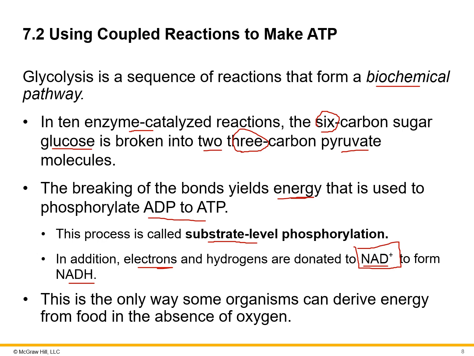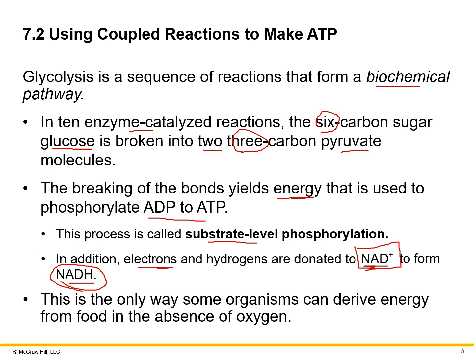But as glucose is oxidized and electrons come off of glucose, our NAD picks them up, and it forms the reduced form, the high energy form called NADH. Again, NAD is just a carrier molecule. It picks up electrons and it gives them to somebody else. It serves really no other purpose than that.